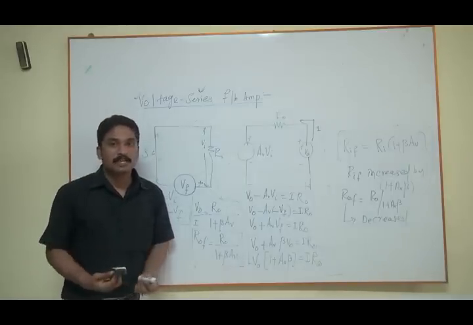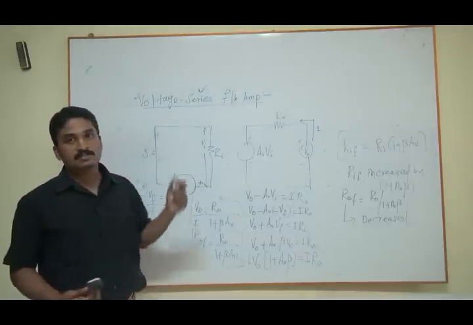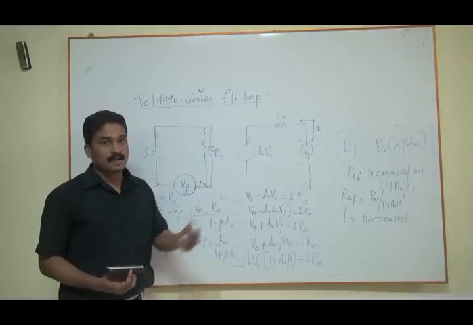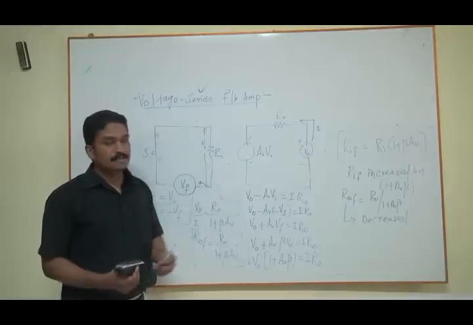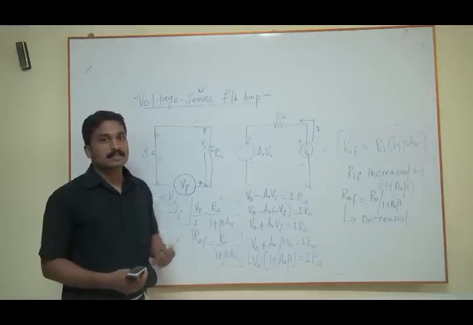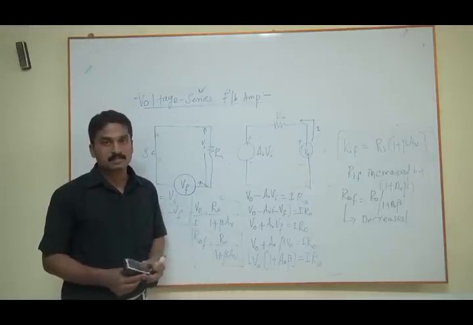And still we have three types: voltage shunt, current series feedback amplifiers. And in a similar way, if we calculate, then we'll get input side impedance and output side impedance.